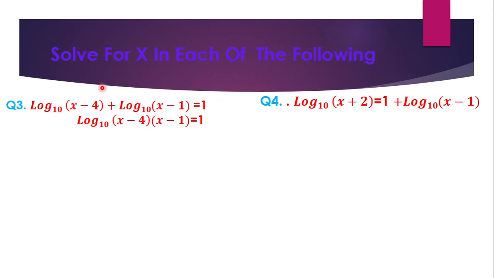We know that by laws of logarithmic functions, this can be multiplied, right? Because they have equal logs with equal base, which is base 10. We can just use log base 10 and then we multiply there, and we still equate to 1.